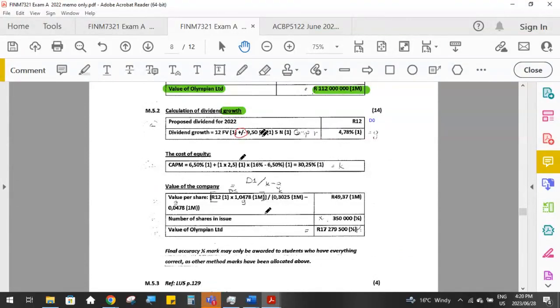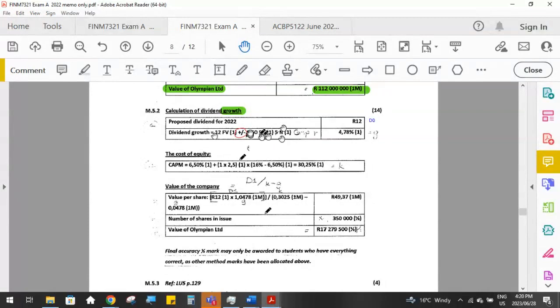You'll see the calculator turn the R9.50 into minus R9.50, and then you press the PV button. So we've programmed 12 into the future value button and minus R9.50 into the present value button.